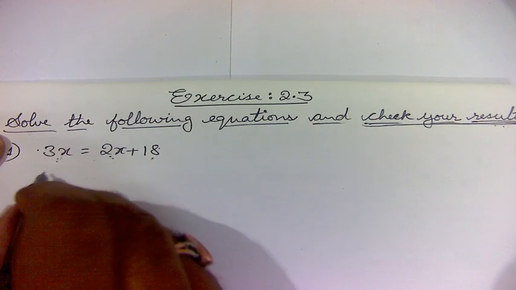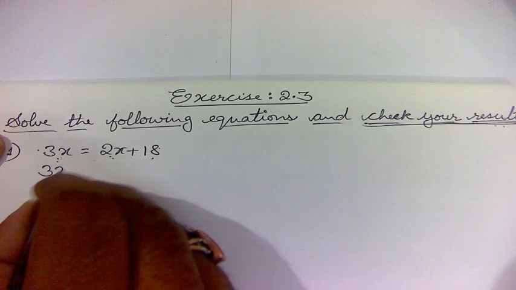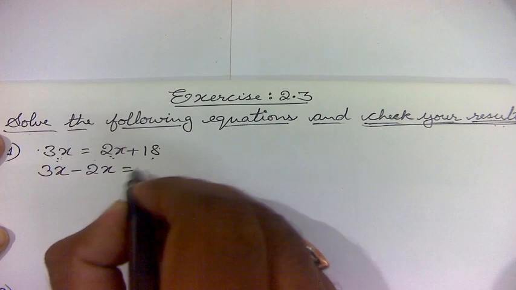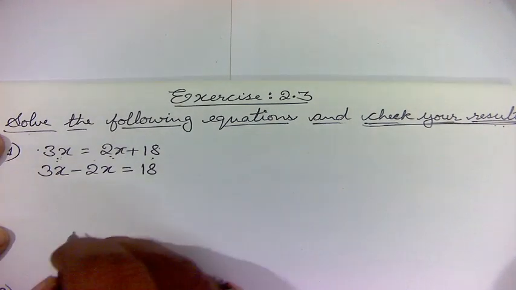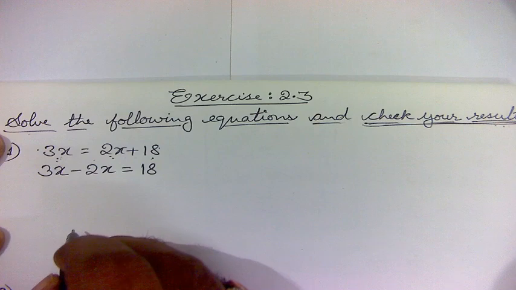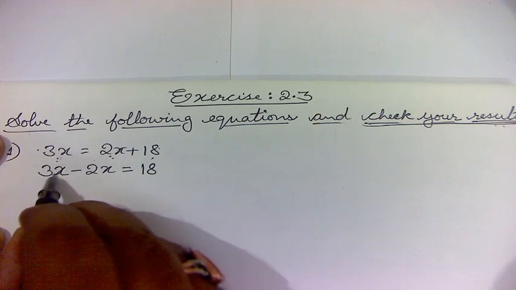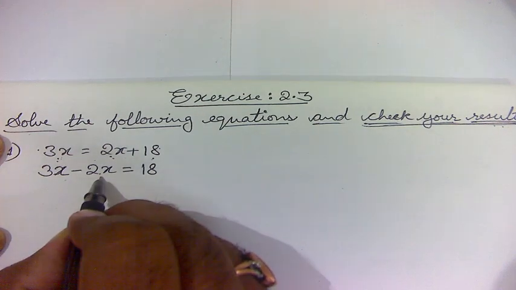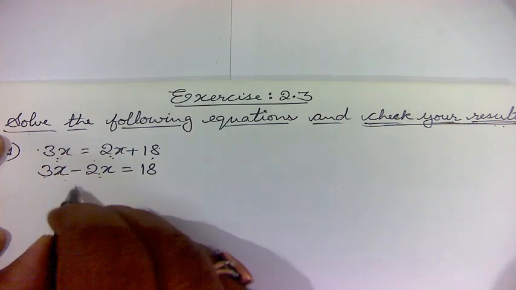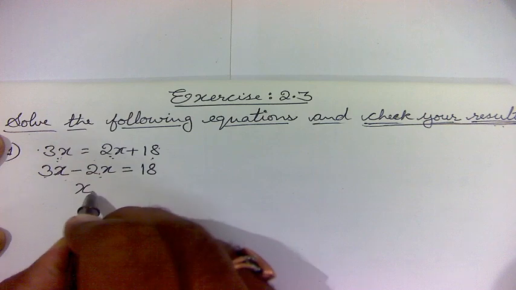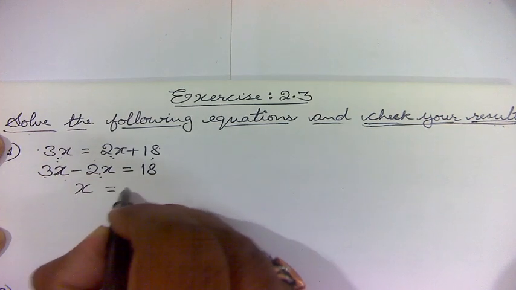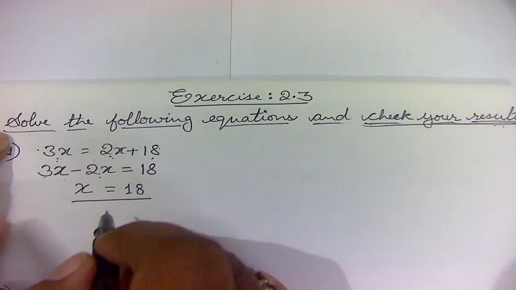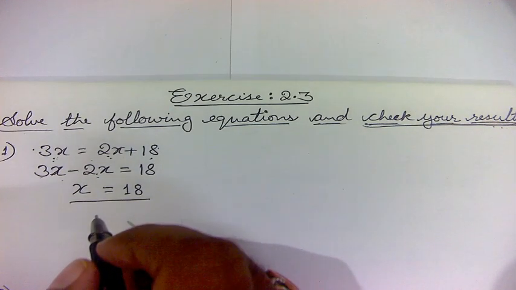By doing this, we get 3x minus 2x is equal to 18. Now what is 3x minus 2x? 3 minus 2 is 1. So 3x minus 2x is x equals 18. So you get the value of x as 18.